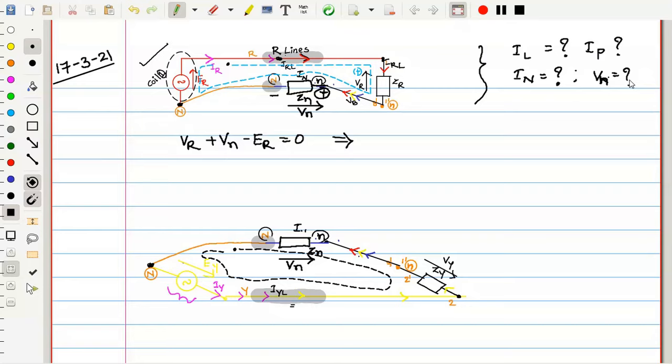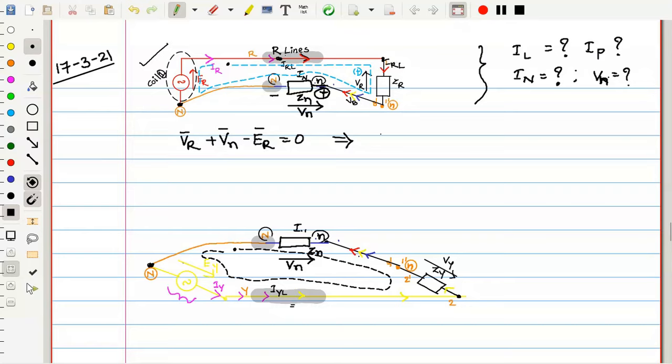First let us put up the things in terms of the currents. ER is the source voltage, I don't want to disturb it, and Vn is the neutral line voltage, so I want to keep it as it is. First I will find the neutral line voltage. These are all of course phasors, so try to understand that. VR is the voltage across ZR, which can be written as IRL into ZR.